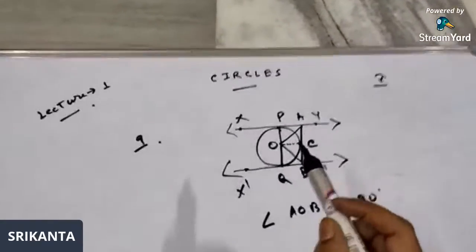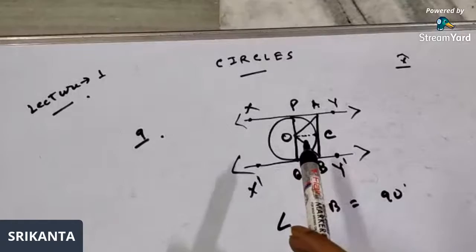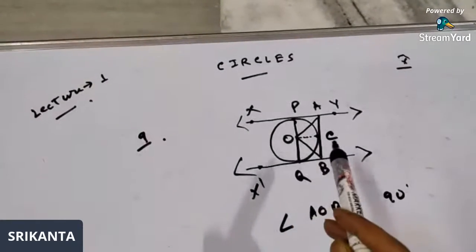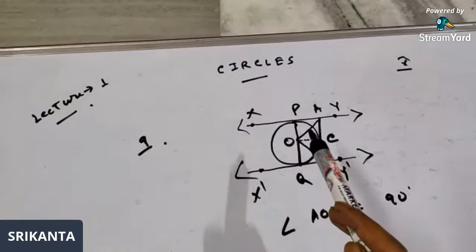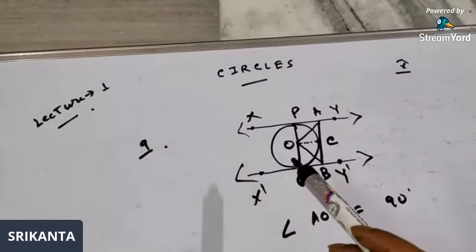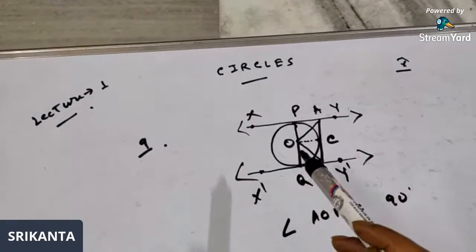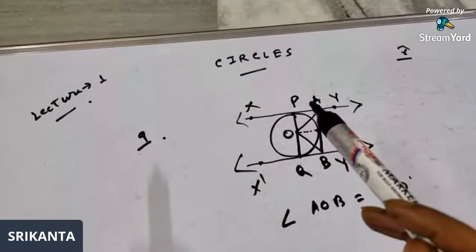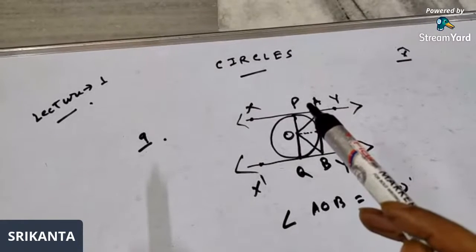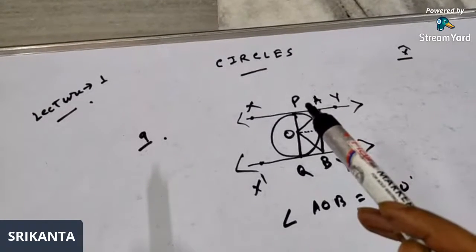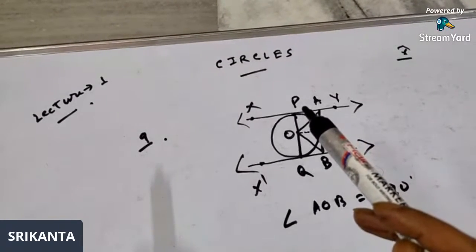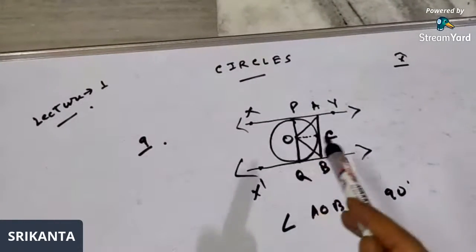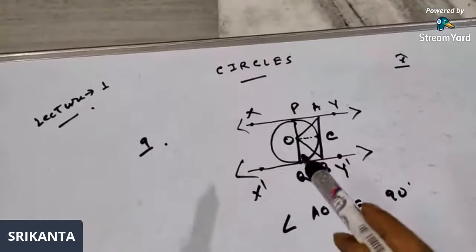This angle is 90 degree. OC is perpendicular to AB.